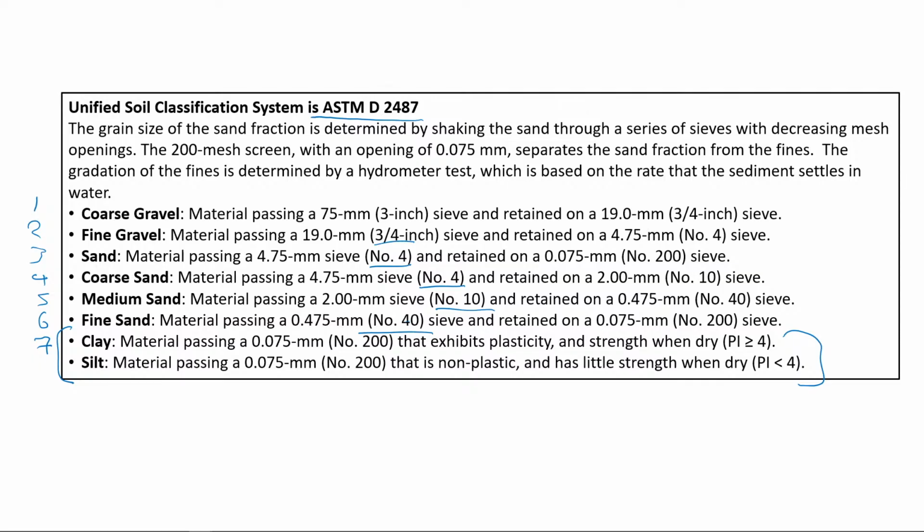These are the sieve numbers. Sieve 200 will be the clay and silt. Sieve 6 will be the fine sand. Sieve 5, medium sand, coarse sand, sand, fine gravel, and coarse gravel.